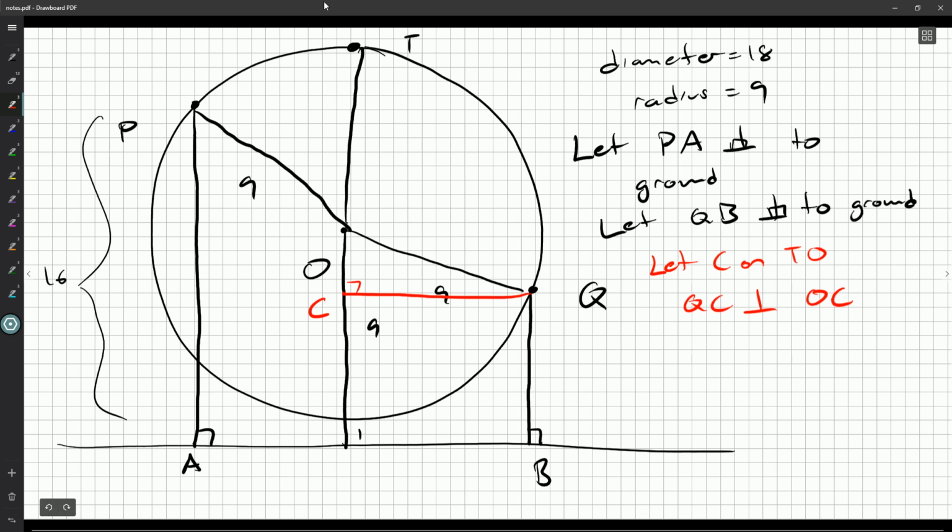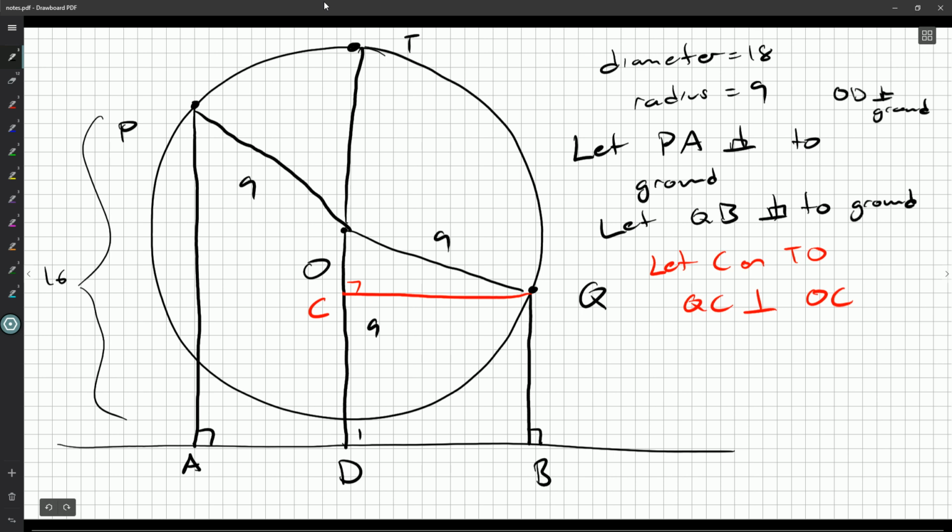And so we know that OD is 10. We'll say OD perpendicular to ground as well. We know that OD is 10, so if I could figure out something like OC, if that were 3, then suddenly I'd know this height is 7. So that's an approach. So we've used the diameter to get the radius, which is usually a good idea when you're working with circles. Okay.